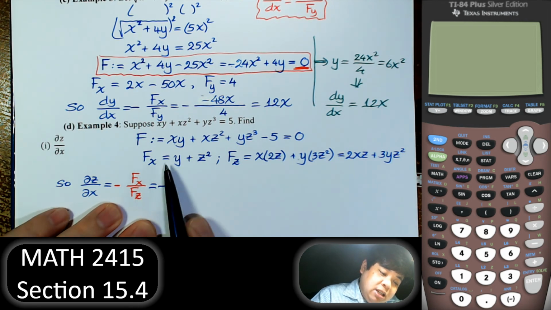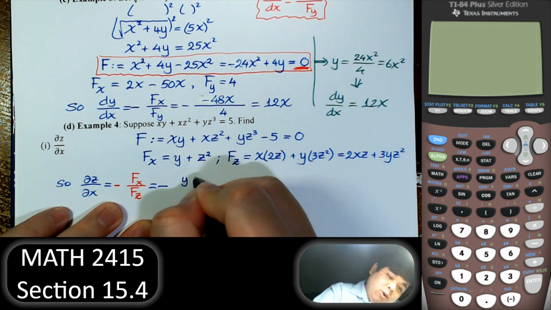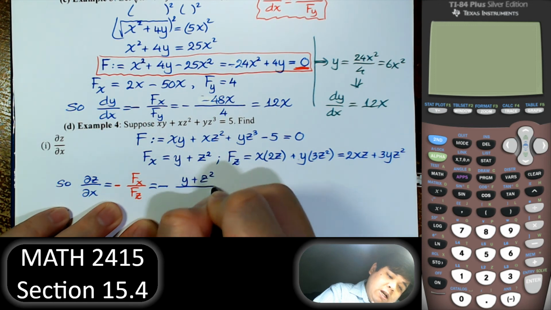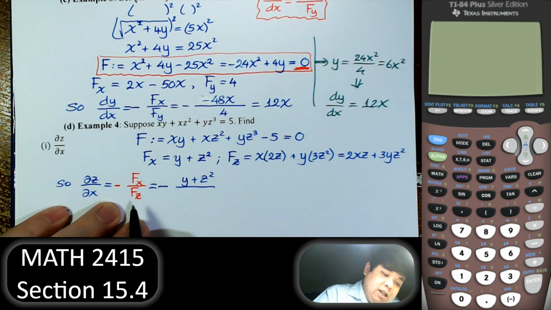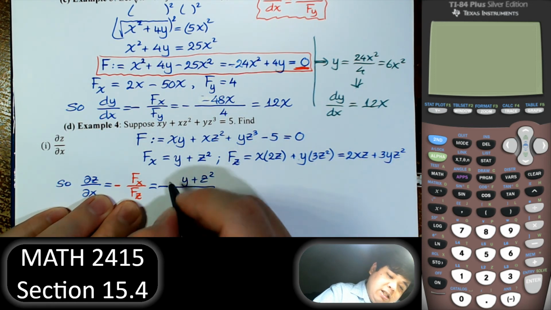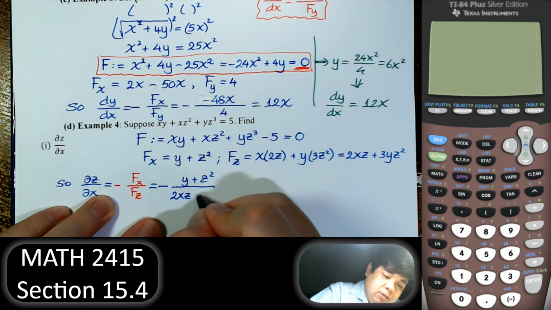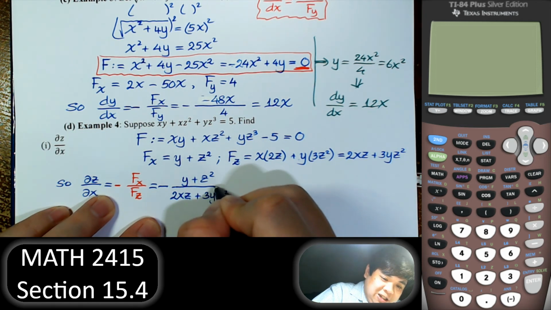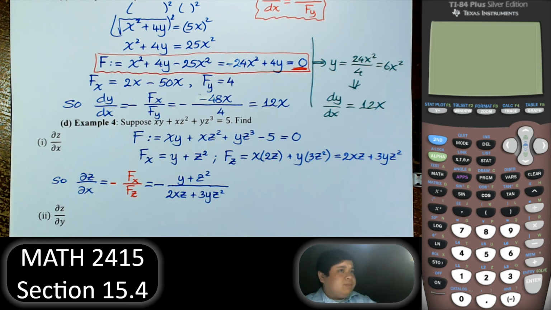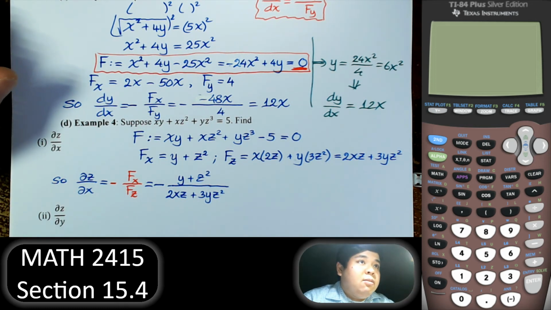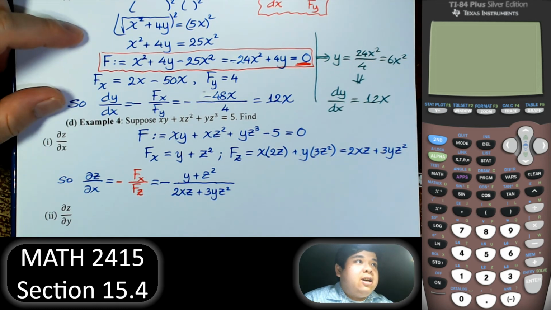Derivative with respect to x, y plus z squared, over derivative with respect to z, that is 2xz plus 3yz squared. Just like that, right?